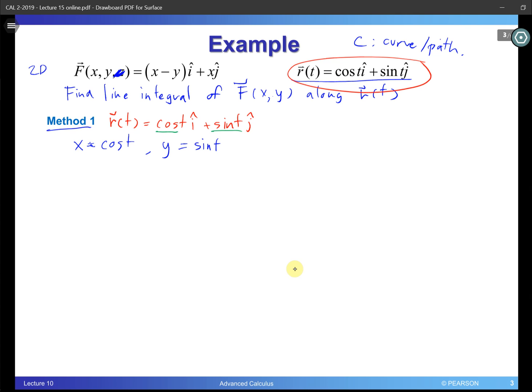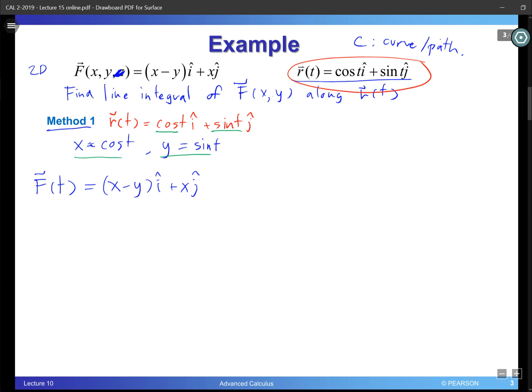Now with this information, we can transform F(x, y) that we had before to be F that depends on t. Before we had x minus y i plus x j. But now we have more information on x and y. Substitute that in.